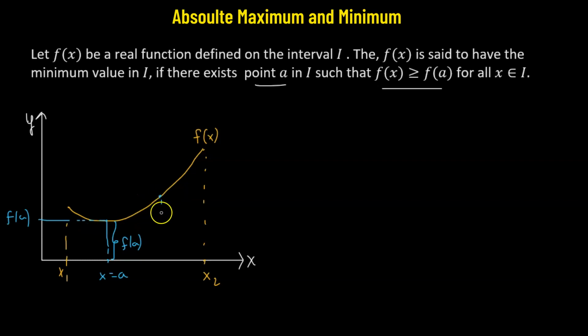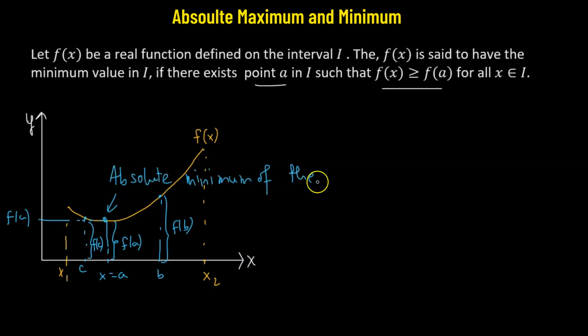We consider, let's say, this particular point which is b, then f of b is always going to be greater than f of a. Even if we choose another point to the left of x equals a, let's say at c, then f of c is also going to be greater than f of a. So this particular point is the absolute minimum point of the function f. This is where the function is attaining a minimum value.